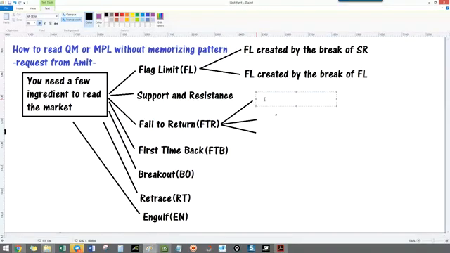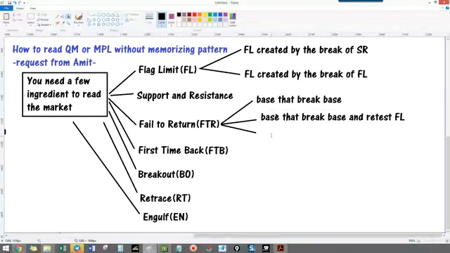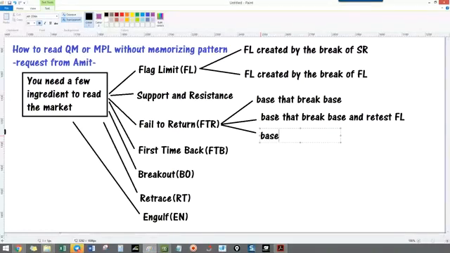Okay, so FTR, you have base that breaks base, base that breaks base, and retest FL. You have base that fails to test FL, base that fails to test base.